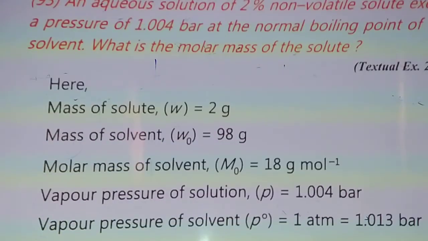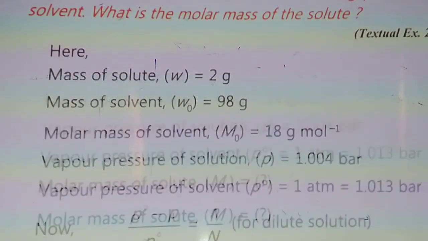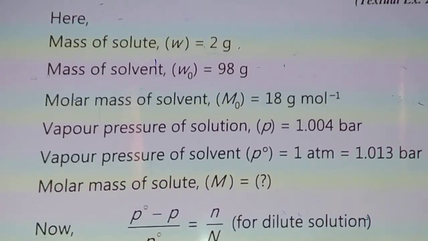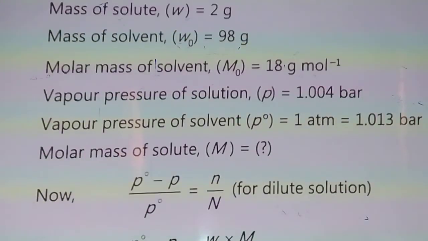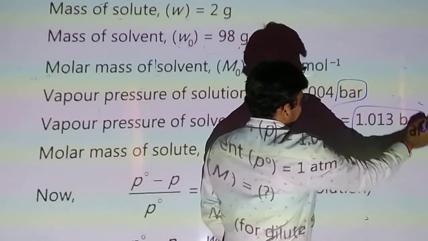Mass of solute is 2 gram. Mass of solvent 98, according to 100. Molar mass of solvent, water, 18. Vapor pressure of solution given 1.004. Pure solvent's vapor pressure 1.013 bar. Here it is given in bar, so we have to take it in bar.